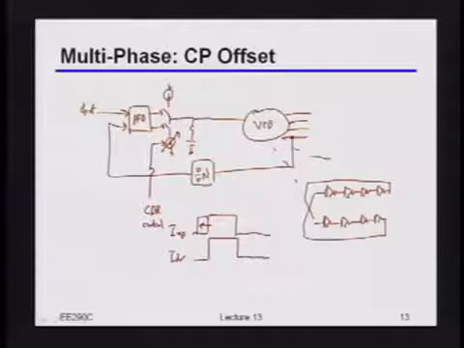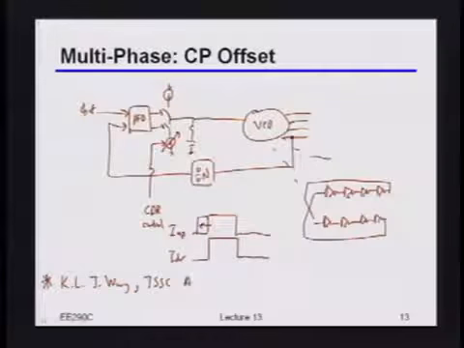By the way, I believe this was first proposed in a paper written by a guy named, I can't say his first name, so I won't even try, Jackie Wong. So that's where the J comes from there. And this was in JSSC in April 2004.